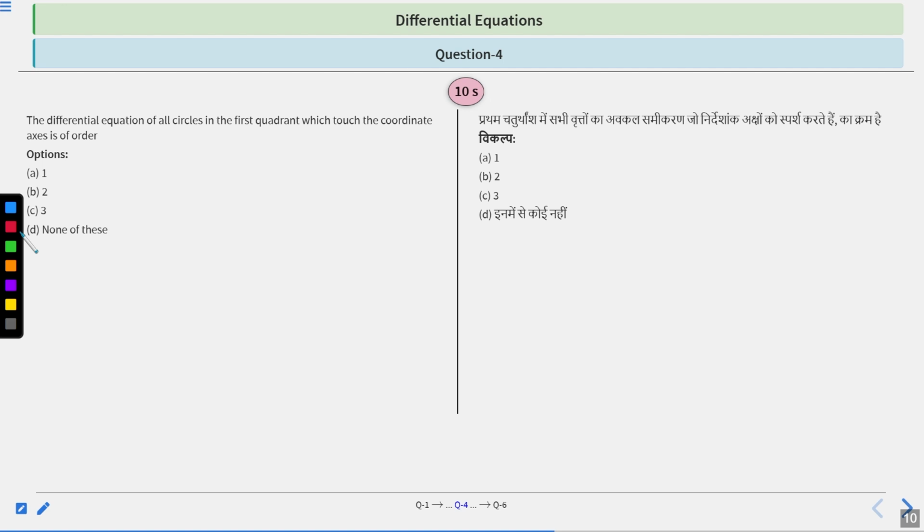First we write the equation according to the given statement, then differentiate it to get the differential equation, and then find its order. You have 10 seconds to solve or think about this question. After 10 seconds, we will discuss the solution.